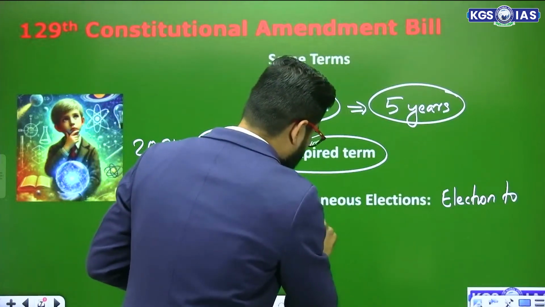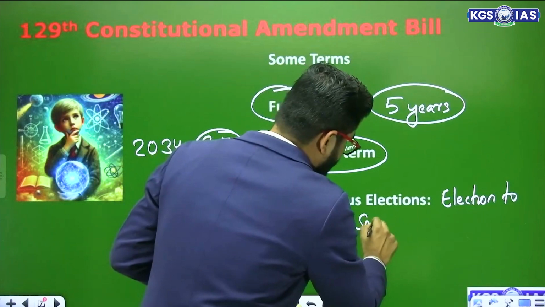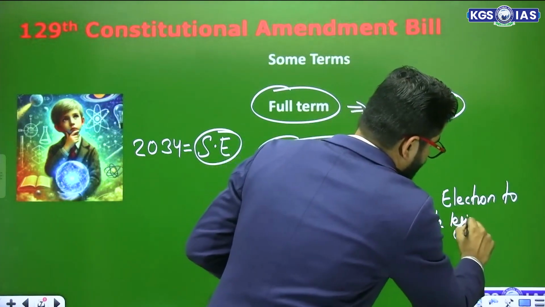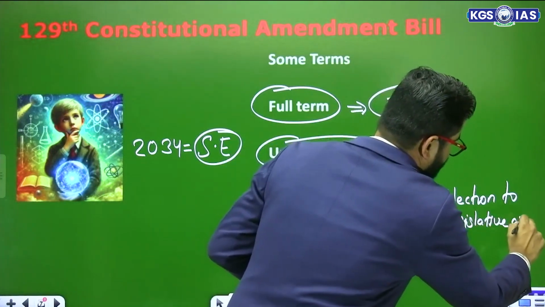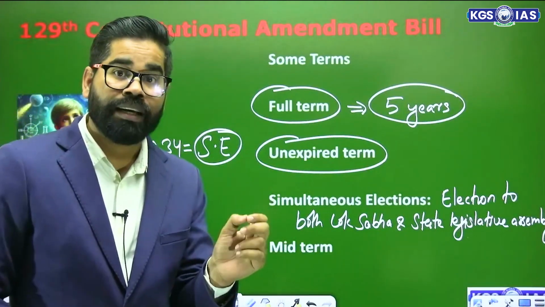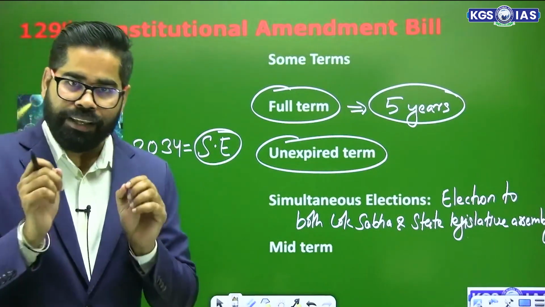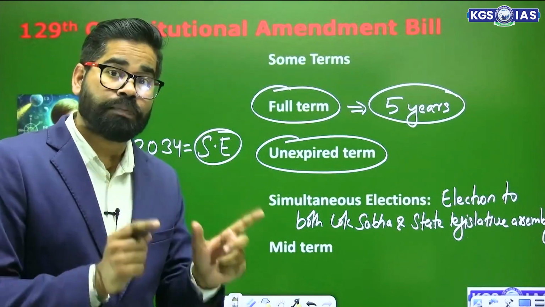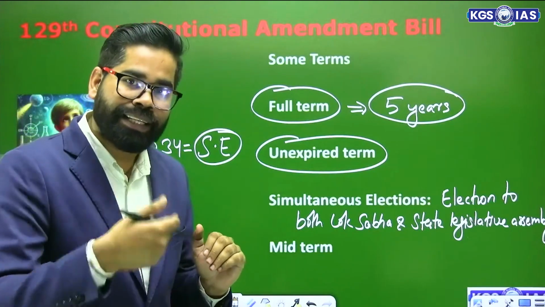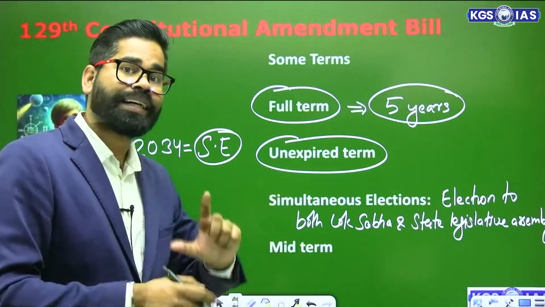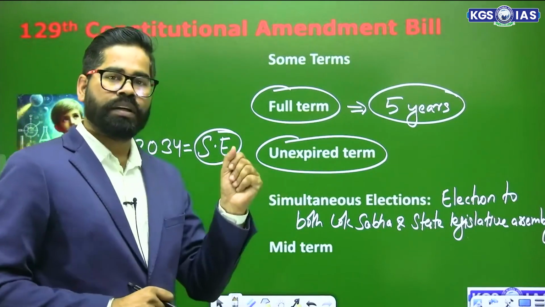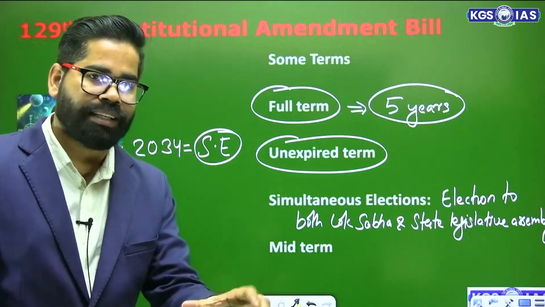Right now it has not included the panchayat election as per the provisions of this bill. Maybe the government will bring another act in future which will merge that election also. But what we see here right now is that it is only about simultaneous elections in Lok Sabha and State Legislative Assembly.